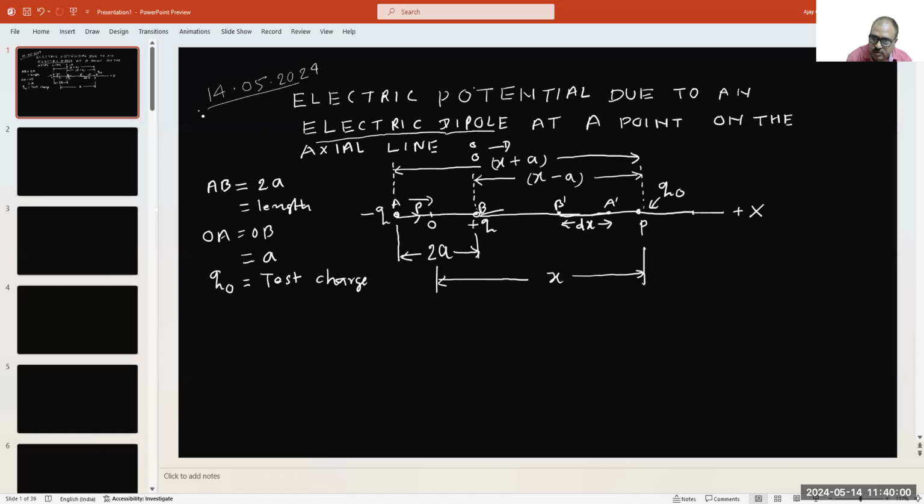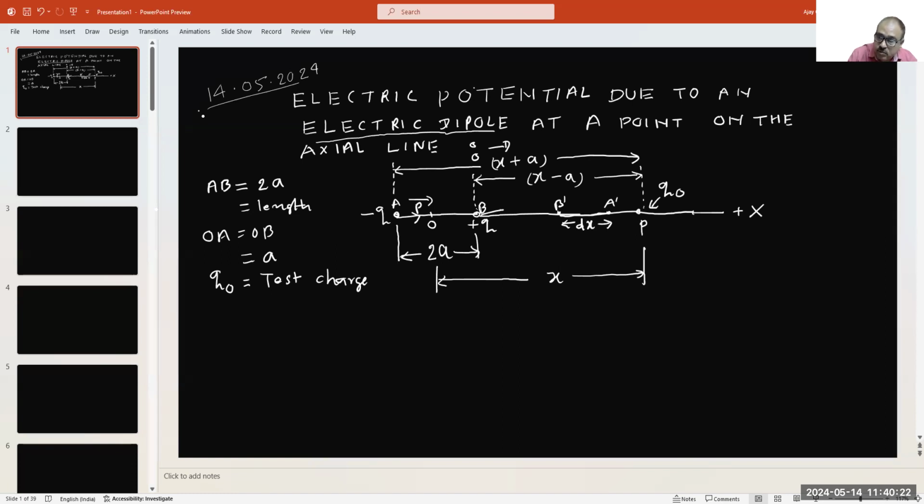Think of a test charge at point P that you have to move against the direction of the field. The positive charge's field lines go away, and the negative charge attracts the field lines towards it.